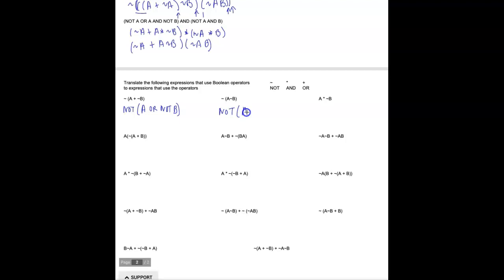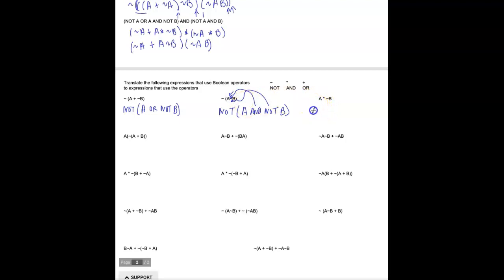Inside the parentheses we have A. Now this is multiplication. There's really multiplication between A being multiplied with not B. So we need to put the word and there and not B. So that not matches up with the tilde. This and is the fact that, well, they're written next to each other.